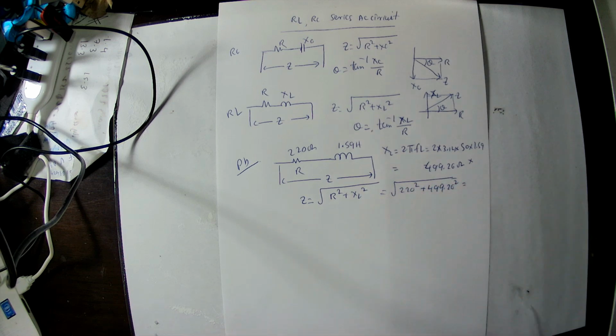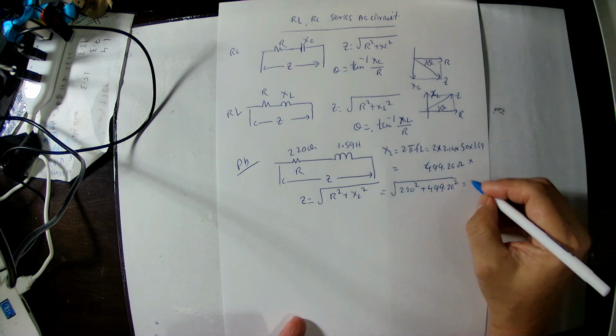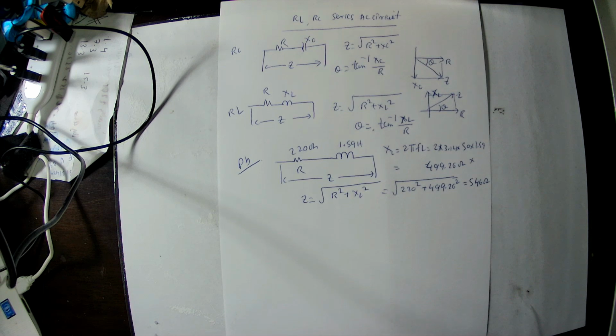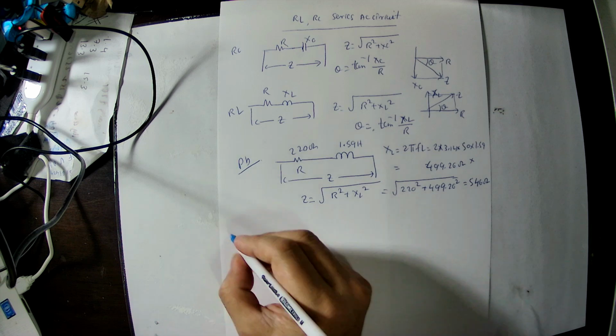So that will be 220 square plus 499.26 square. Square root. So 546 ohm. So this is the way we calculate for the inductor and the resistor connected in series.